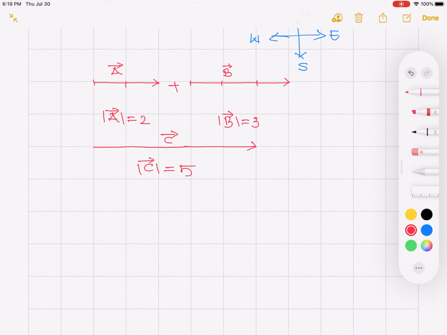But the direction is the same, east, or we can say 0 degrees to the east.